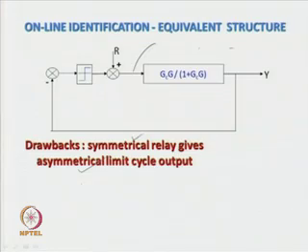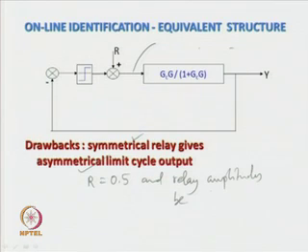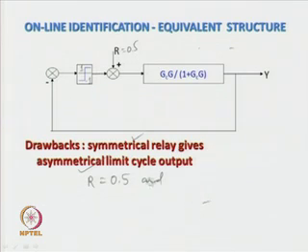Let us take, for a case study, R equal to 0.5, let the reference input be a unit step of magnitude 0.5, and let the relay amplitudes be plus minus 1. In that case, we have 1 here and minus 1 here, and r is equal to 0.5. Then definitely the reference input will introduce asymmetricity at the input to the closed loop system.